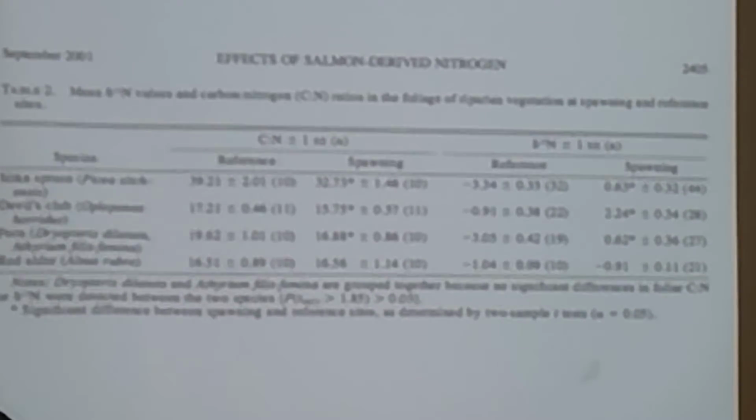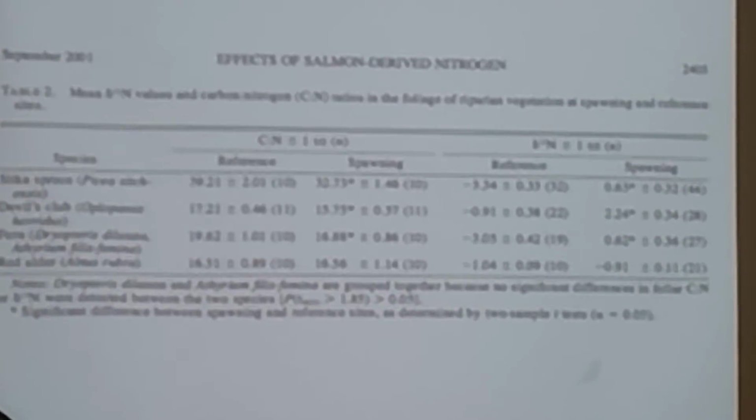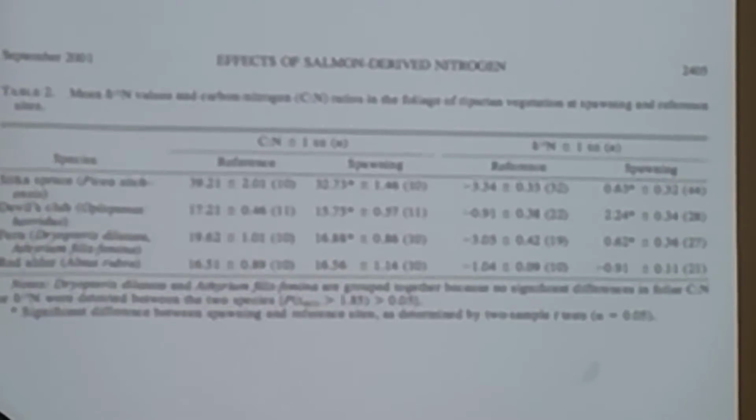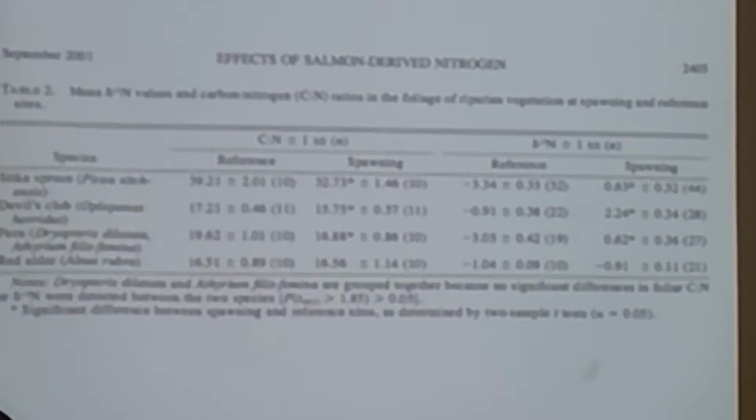And as those needles fall and as those Devil's Club leaves fall and those fern leaves fall down to the forest floor, they're going to decompose rapidly because they're more nutritious, which is going to make that nitrogen re-available more quickly than in those reference groups. Okay, so nutrient cycling in the soil, basically the process of mineralization and of nitrification and re-immobilization, is going to be faster.